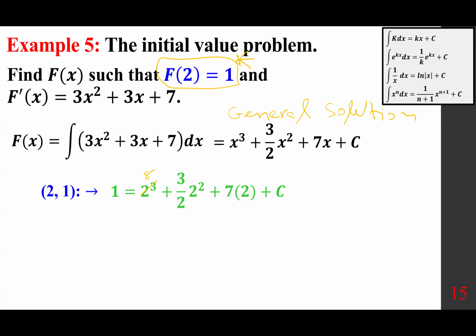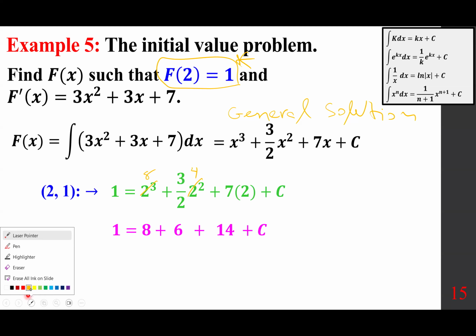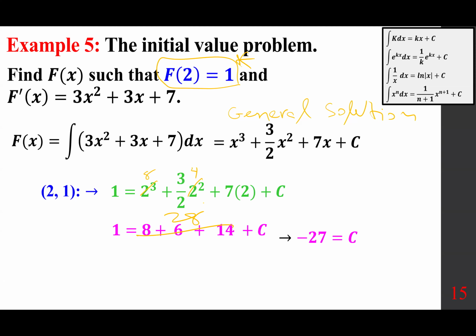This is 8. 4. 4 divided by 2 is 2. 2 times 3 is 6. 8 and 6 plus 14. These 3 add up to 28. And c must be negative 27.